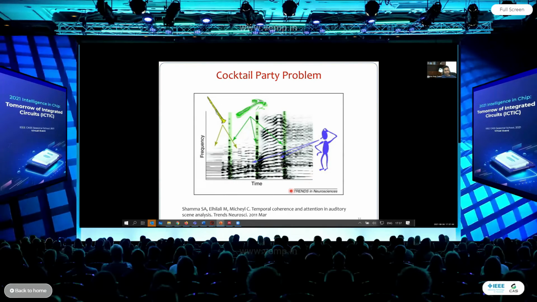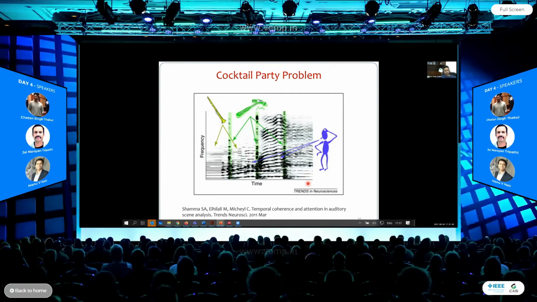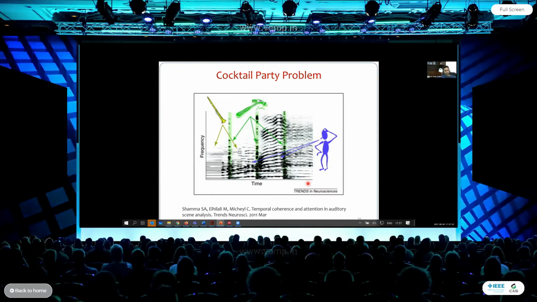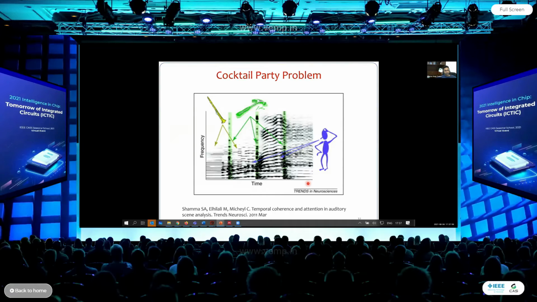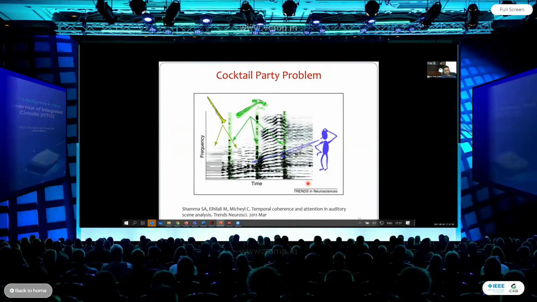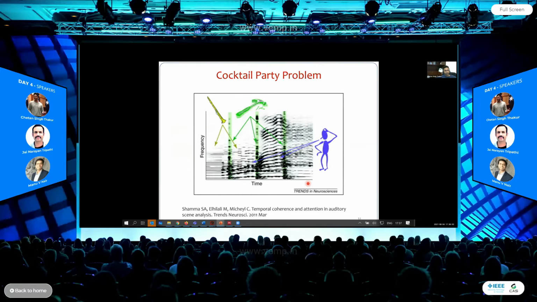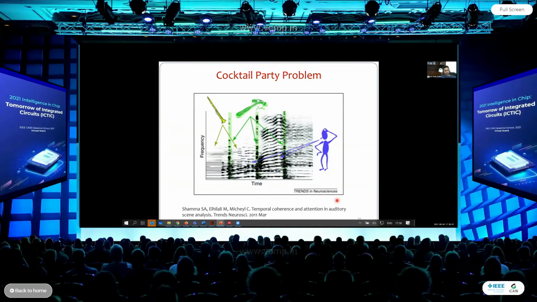So you need to see this uncorrelation is important, or the temporal coherence is important for a particular object. If they are correlated, all the frequency components and other information would come together, right? I'll explain in the next slide.